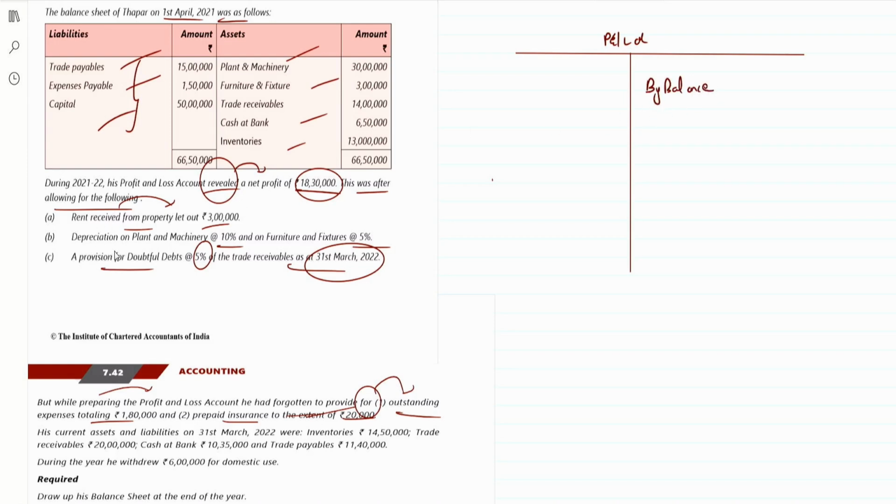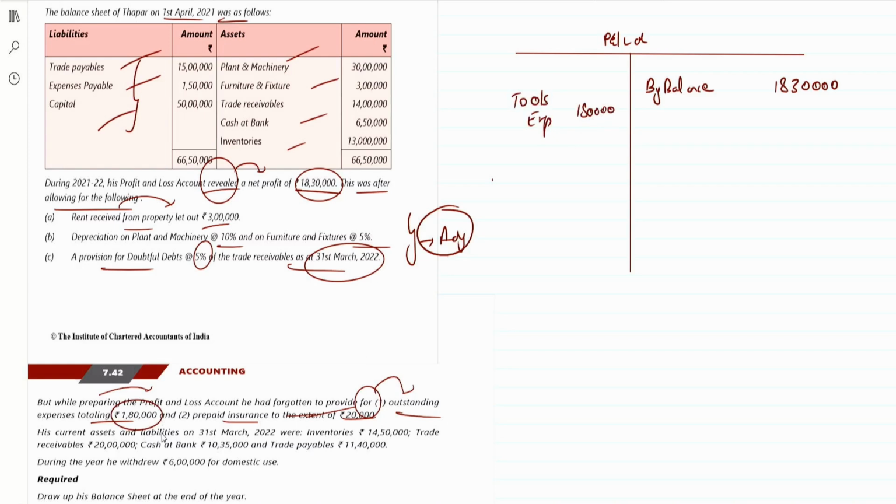Already there was a balance of how much? Net profit of 18,30,000, after providing all these adjustments. Now you missed to do what? Outstanding expenses of 1,80,000.